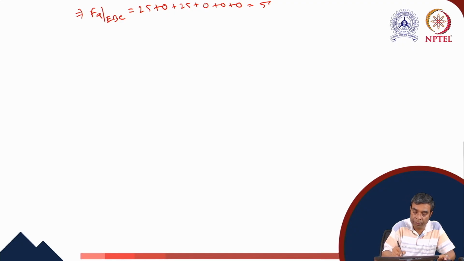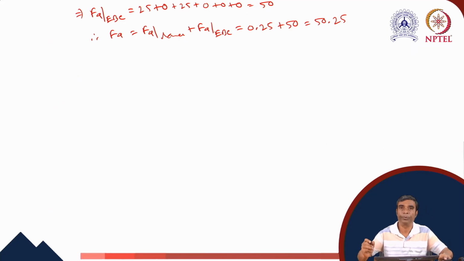So this is 50. Therefore, F4 equals to F4 source plus F4 EBC equals to 0.25 plus 50 equals to 50.25. So now we have constructed the global matrix and global vector.